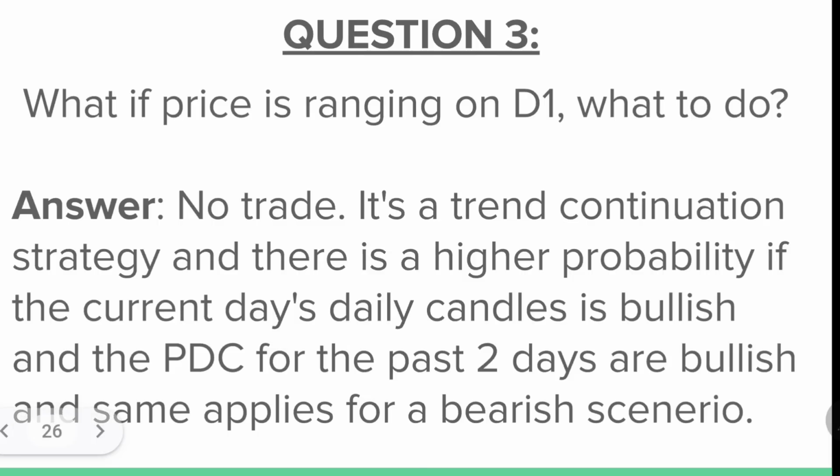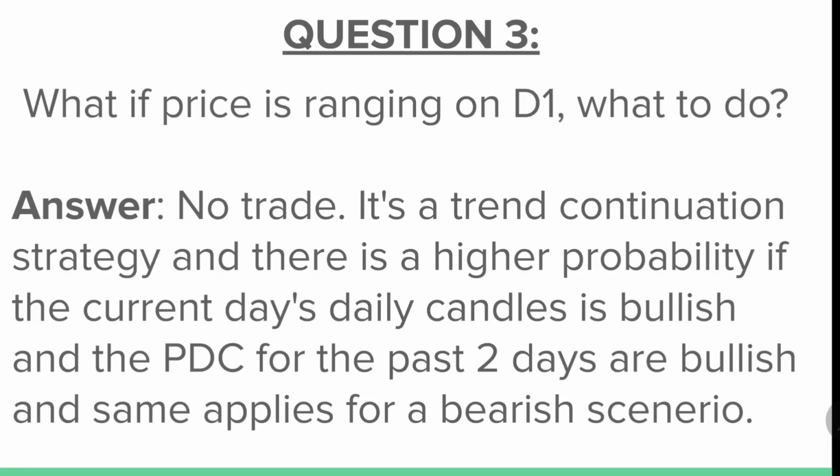Now your third question, you say, what if price is ranging on the daily time frame? What do you do? Now this setup is a trend continuation setup, and there is a higher probability if the current day's candle is bullish and the previous day's candles for the past 2 days are bullish.